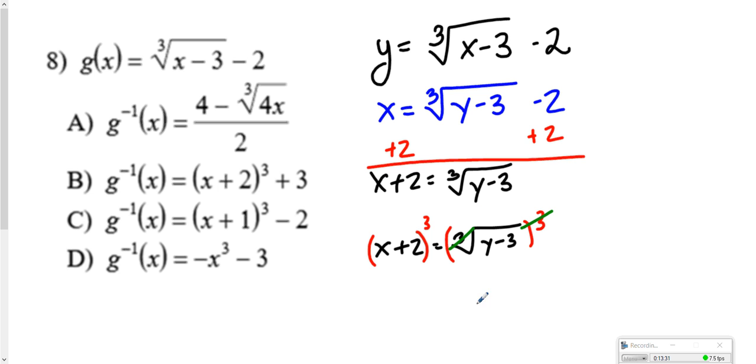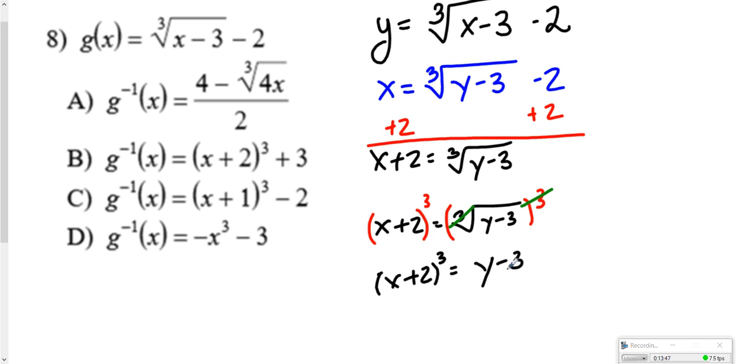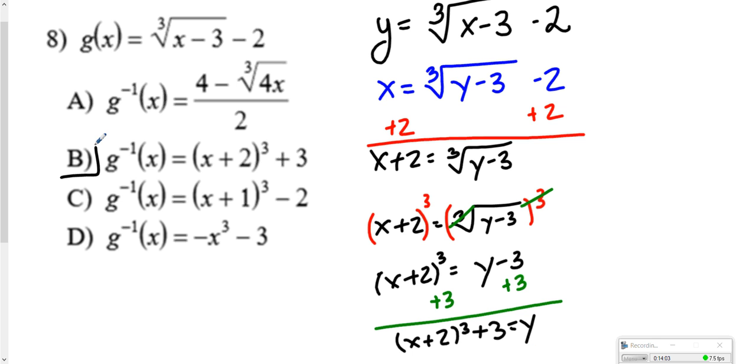The cube root and the cube cancel each other out, so now y minus 3 is not underneath the cube root, and we have x plus 2 cubed. We need to add 3 to both sides, so we have x plus 2 cubed plus 3 equals y. And if we notice, that's going to be letter choice B.